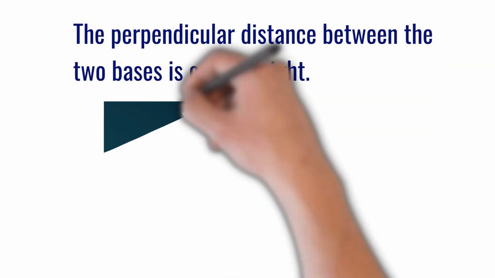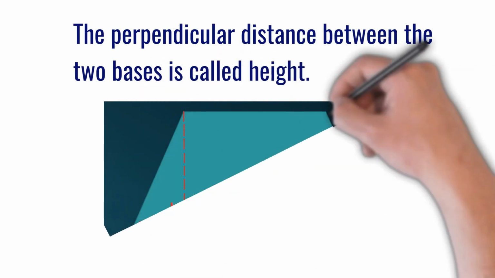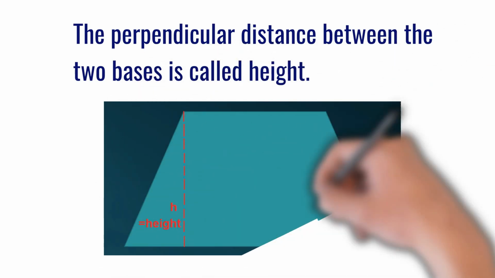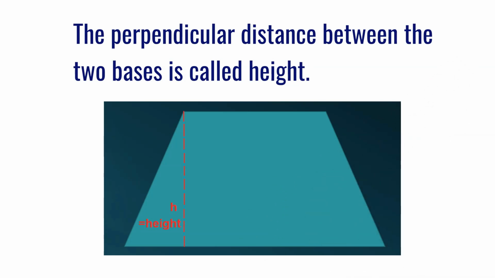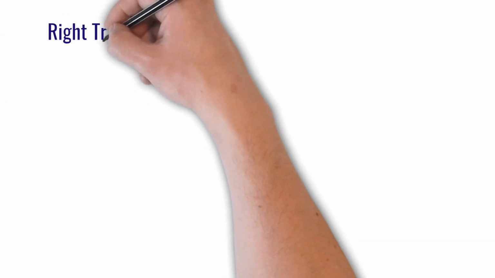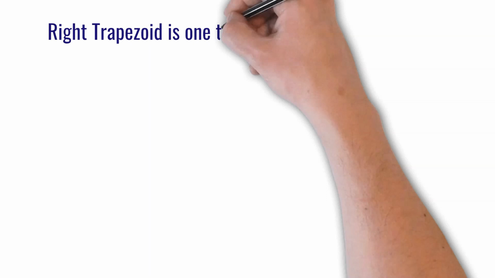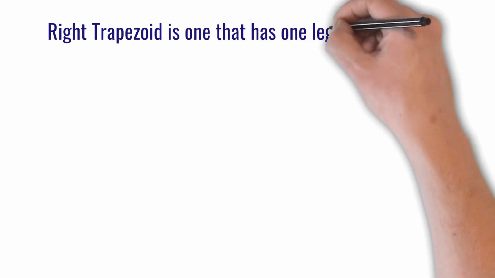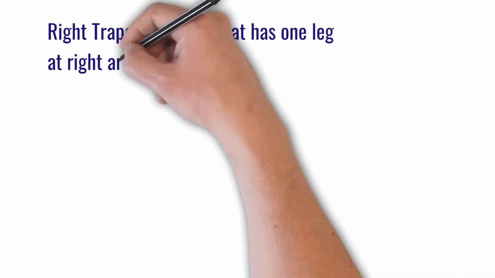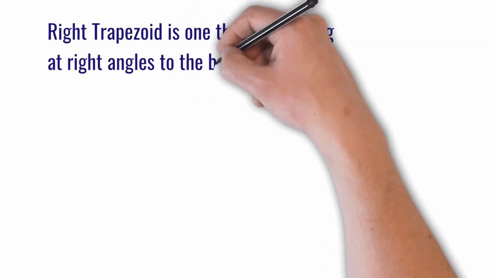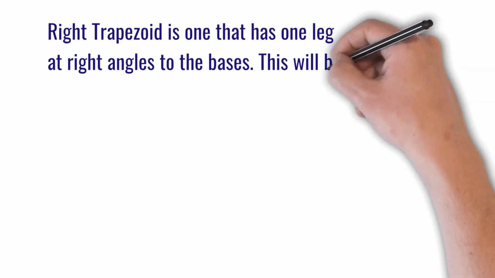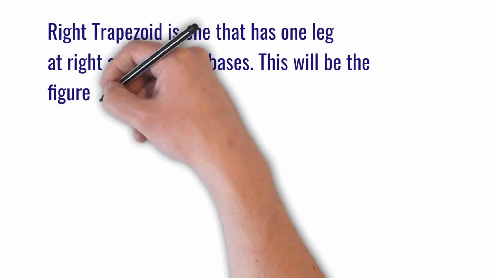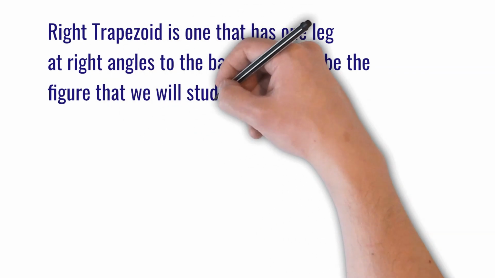The perpendicular distance between the two bases is called height. A right trapezoid is one that has one leg at right angles to the bases. This will be the figure that we will study mostly in this course.